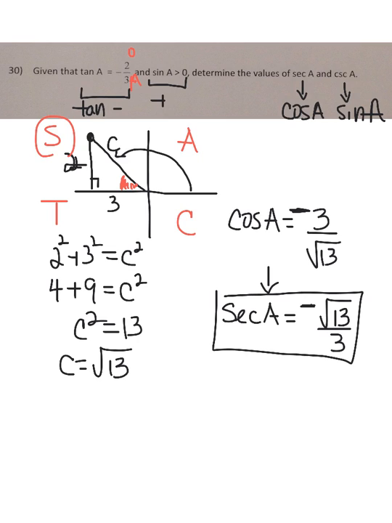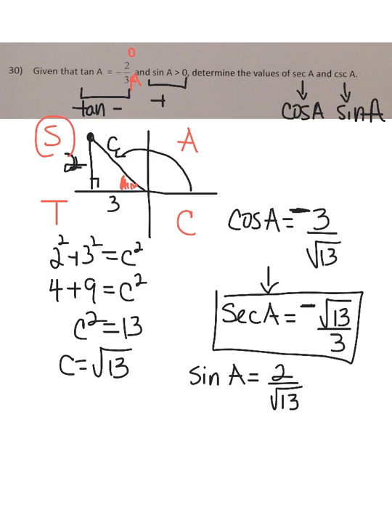All right, so then let's go to the next thing that they ask us to find, which is cosecant. I'm going to do the same thing, so I'm going to find sine first. And I know that sine is opposite over hypotenuse, so my opposite is 2, and my hypotenuse is what? Radical 13, right? Okay, now, in this case, I am in the second quadrant, right here, and sine is positive, so I don't need to change this value.